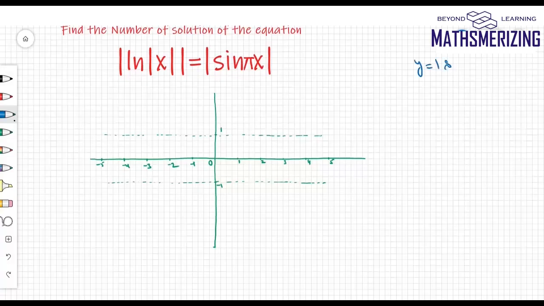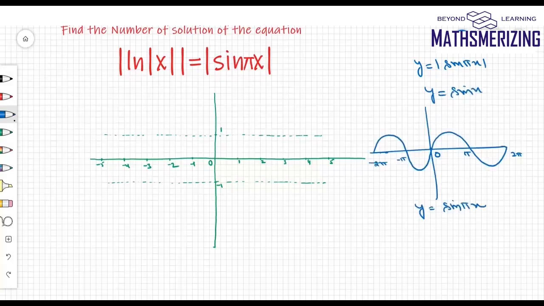For mod sine pi x, my basic graph is y equals sine x. Now for sine pi x, I'll divide every value by pi. And then finally I'll take the transformation of mod f(x), which is reflection of down on up, and then erase the graph from the third and fourth quadrant. So I'll draw this graph.